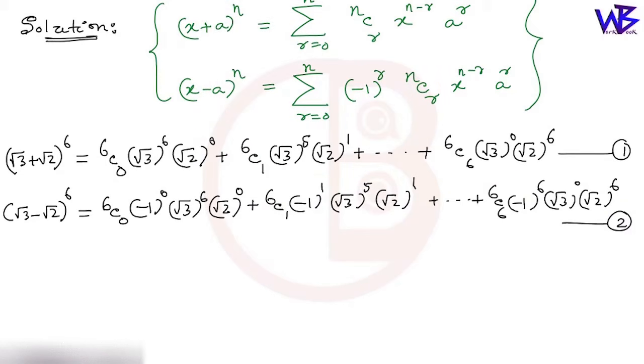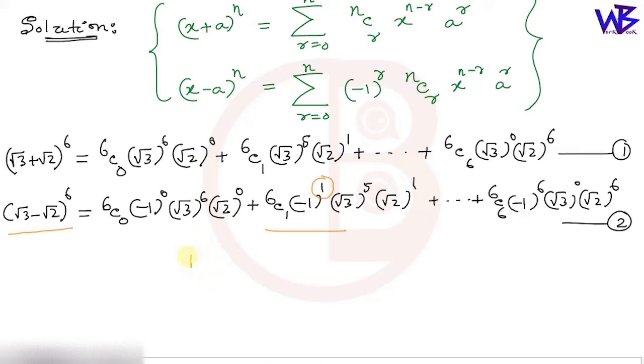Now we can observe here that in the expansion of (√3 − √2)^6, the second term, the fourth term and the sixth term will be the negative ones, because in those terms minus 1 will have odd powers. Like in the second term, minus 1 has power 1, and in the other two terms, minus 1 will have power 3 and 5 respectively.